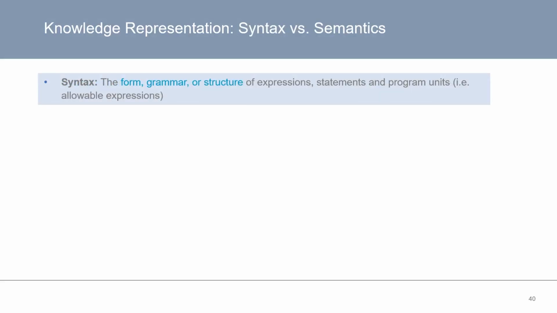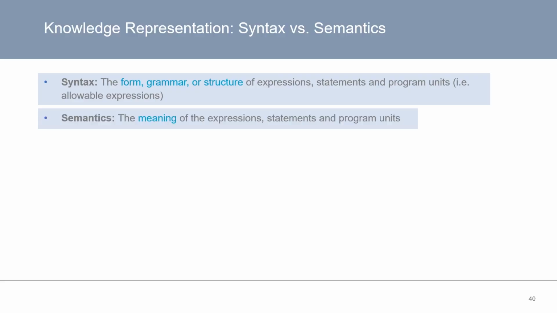Let's take a moment to more closely examine the terms syntax and semantics. Syntax is defined as the form, grammar, or structure of expressions, statements, and program units, or in other words, allowable expressions. Semantics, on the other hand, is the meaning of the expressions, statements, and program units. So, in defining syntax, an example might be that blue(Monica-car) is okay.